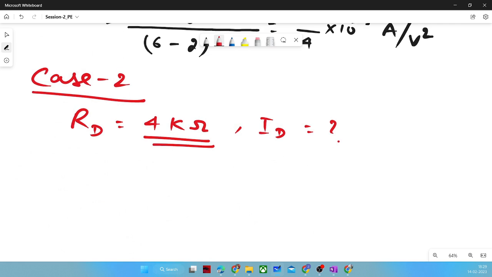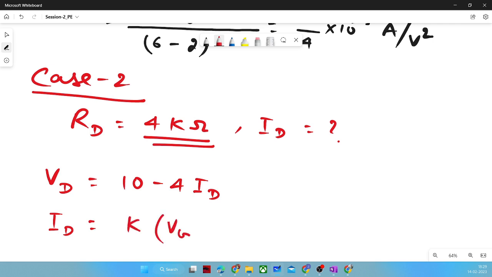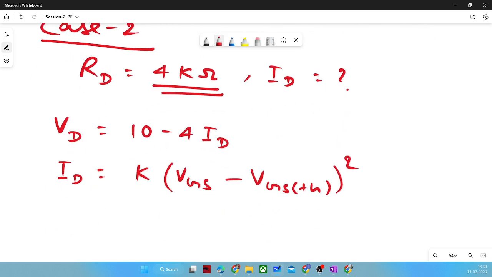So this VD is equal to now 10 minus 4 ID, right? And this ID will be K into (VGS minus VGS TH) square. The equation is the same.